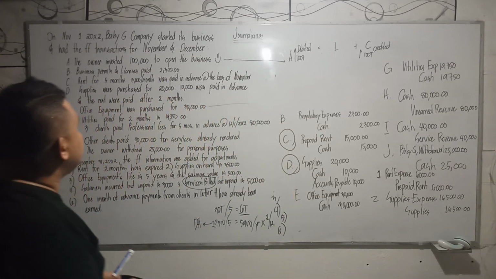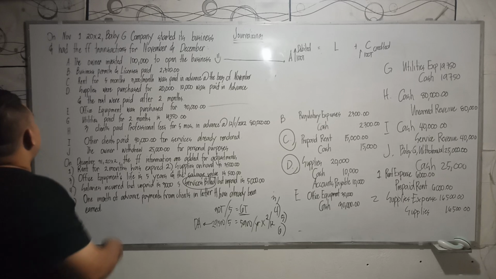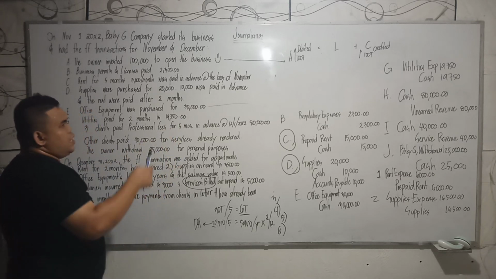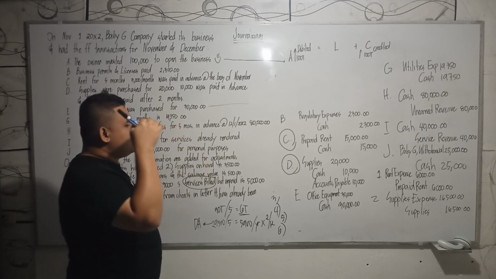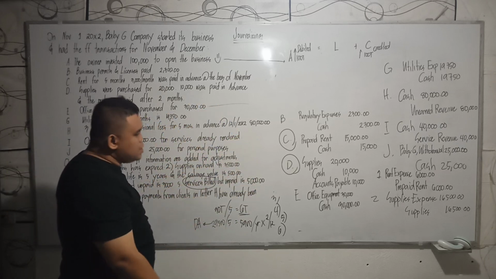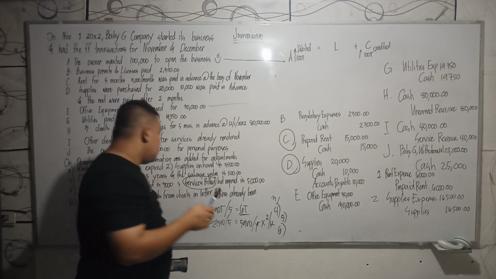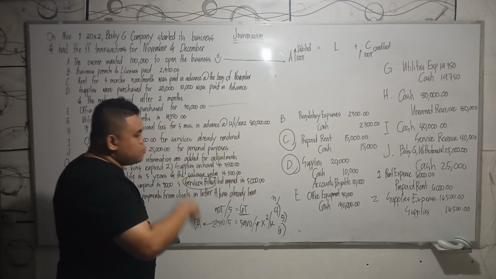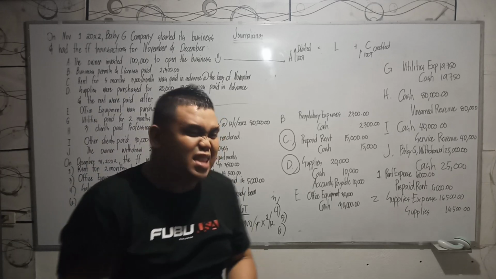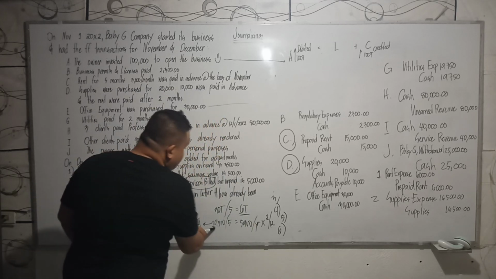Okay? So what will we do? Again, from the brand new 30,000, since it could be salvaged after it is destroyed, after its life, for 500 pesos. That means the depreciable amount or the amount that could be decreased by using it is 29,500. So what is that? That's the depreciable amount.